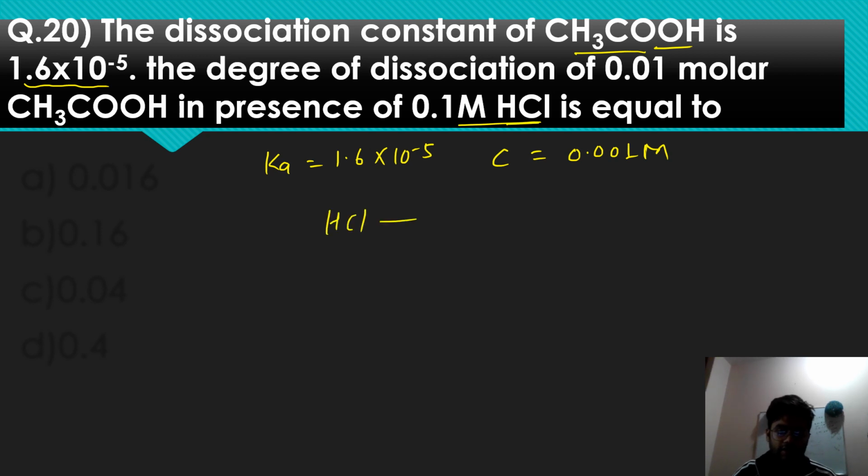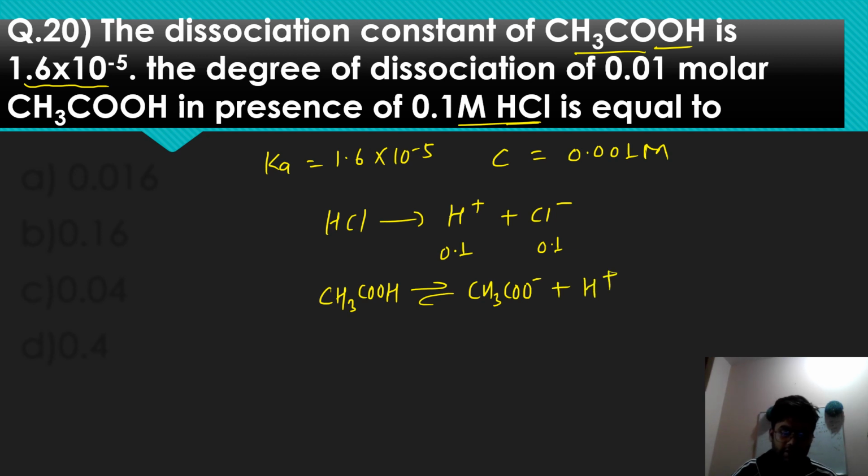HCl dissociates into H plus and Cl minus. The concentration of H plus here is 0.1 and the concentration of Cl minus is also 0.1 molar. Similarly, the weak acid dissociates into CH3COO minus and H plus.